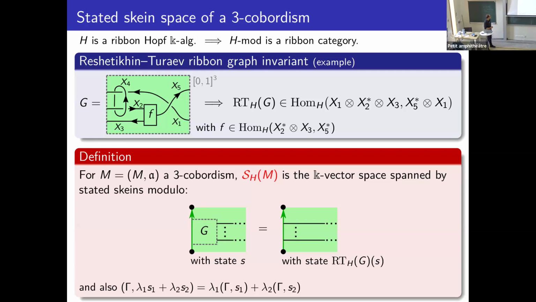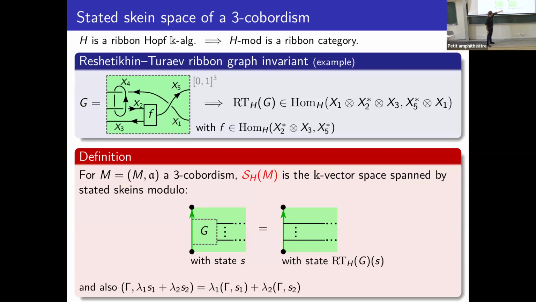And you put some relations, and the relations are given by the Reshetikhin-Turaev functor in the neighborhood of the boundary arc. If you are in the neighborhood of the boundary arc like this, then in general you will see some strands arriving, and close to the boundary you can have some interaction between these strands, maybe a crossing, maybe some twist, etc. Then also you have a state S, and you say, I can erase this ribbon graph, but then I have to change the state.